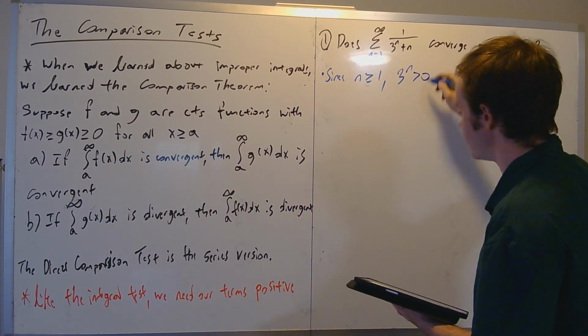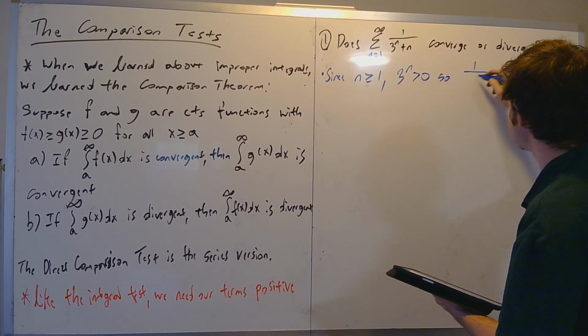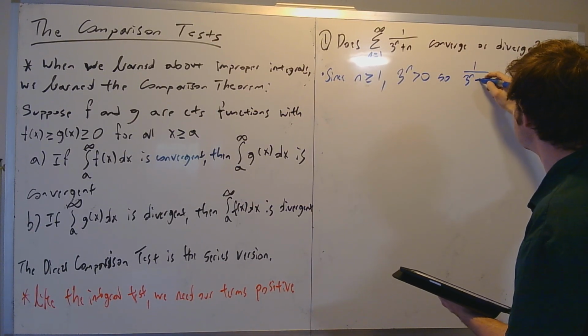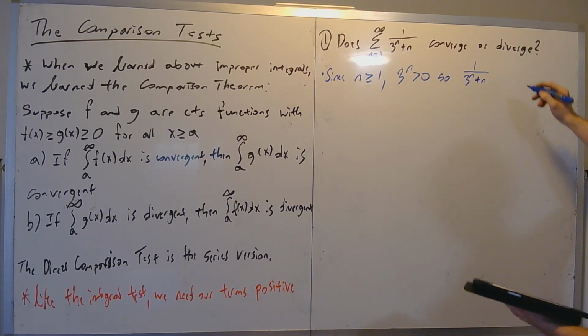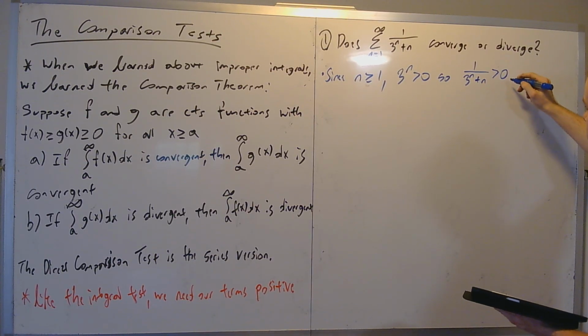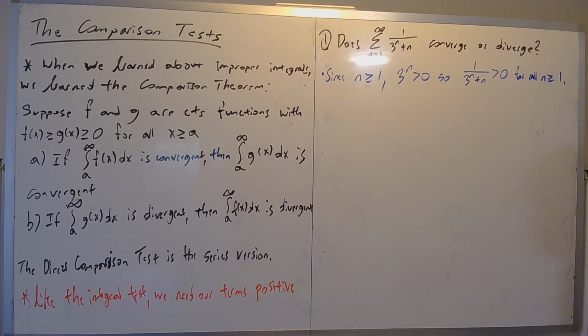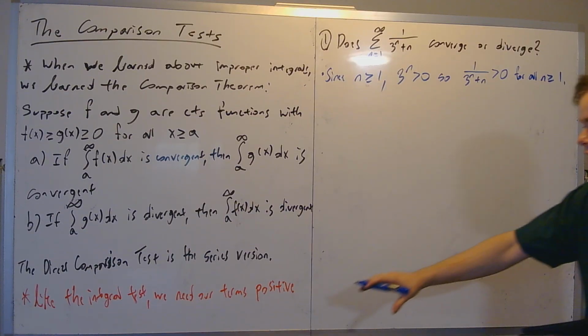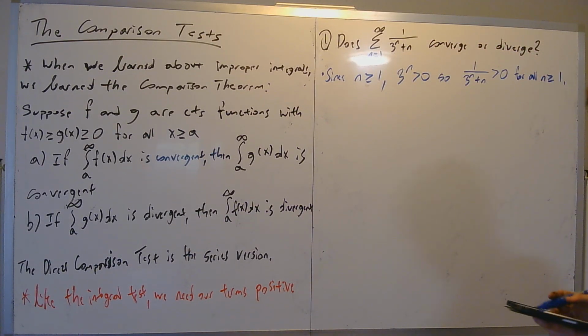So you can say that the fraction here is definitely positive for all n greater than or equal to 1. Okay, so that's what we're looking for. We said that we need all of the terms to be positive, so we actually have that.